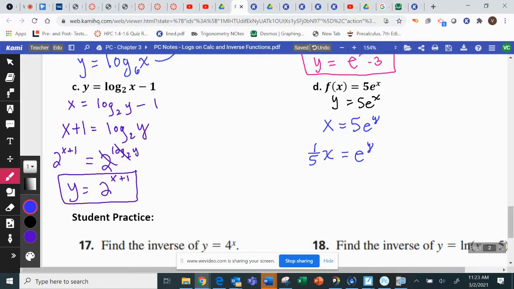All right, so now I have e, and then I've got y as an exponent. So we have to think the opposite of exponential is logarithmic. We have to log both sides. What log base should I use? Natural log. Log base e, natural log. So I'm going to do ln to both sides.